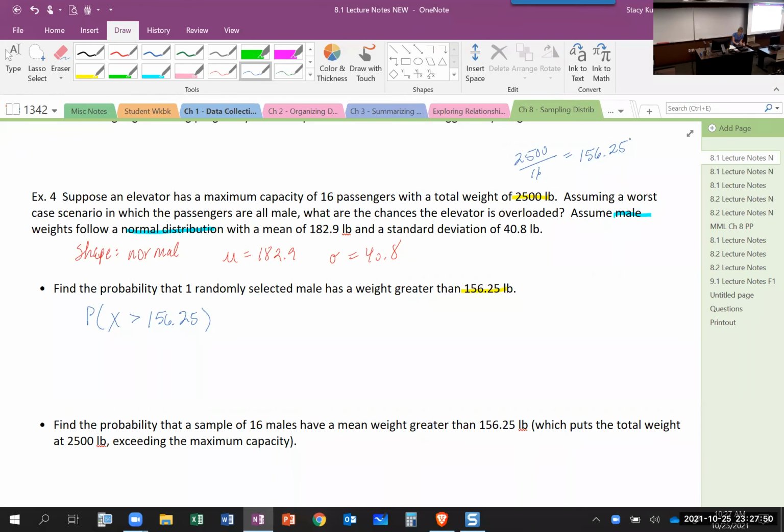That's important because that tells me that the mean I'm going to use in this case is 182.9, and the standard deviation I'm going to use is 40.8. When we go to our normal calculator with a mean of 182.9, we're saying, what is the likelihood that some guy out there weighs greater than 156.25? Okay?